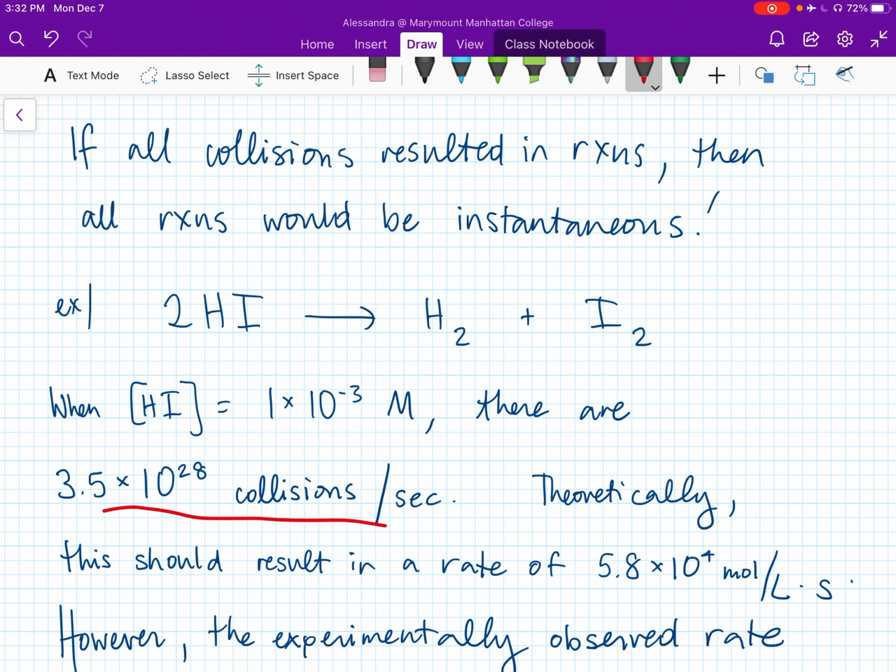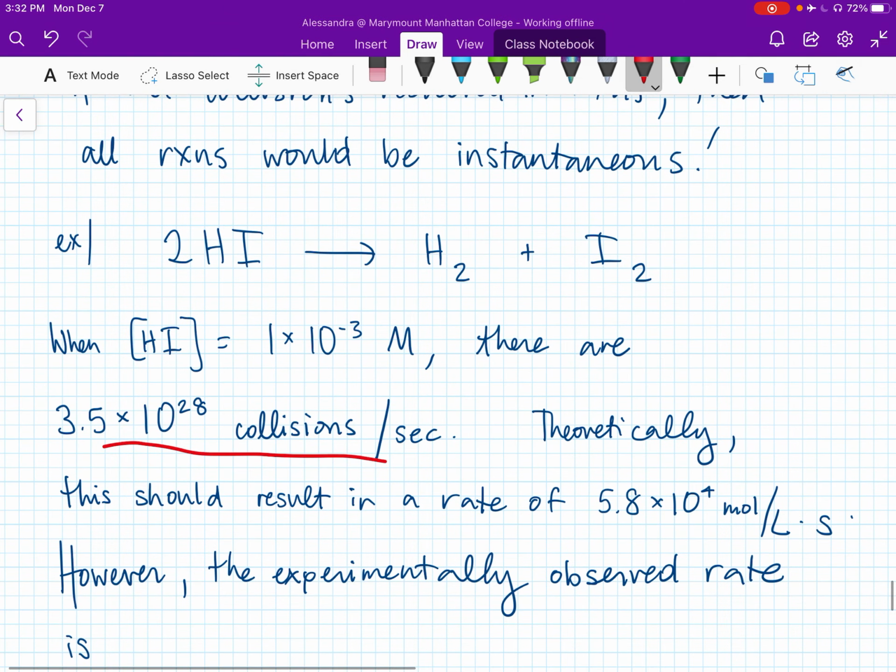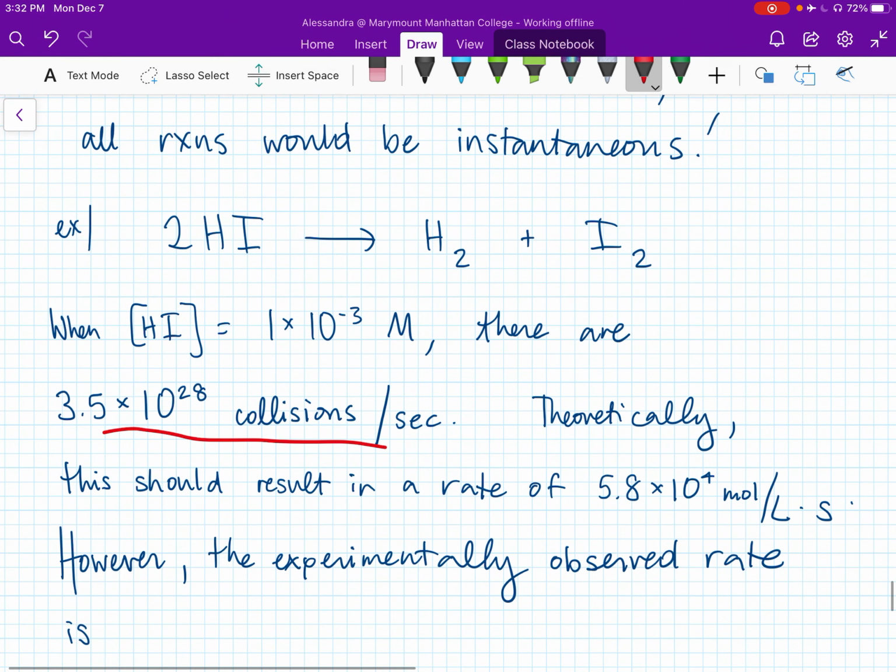So theoretically, this number of collisions, now don't worry about the math behind this, but theoretically, this number of collisions should result in a rate of 5.8 times 10 to the 4 moles per liter seconds. Okay. However, at that same temperature, the experimentally observed rate is 1.2 times 10 to the minus 8 moles per liter seconds.